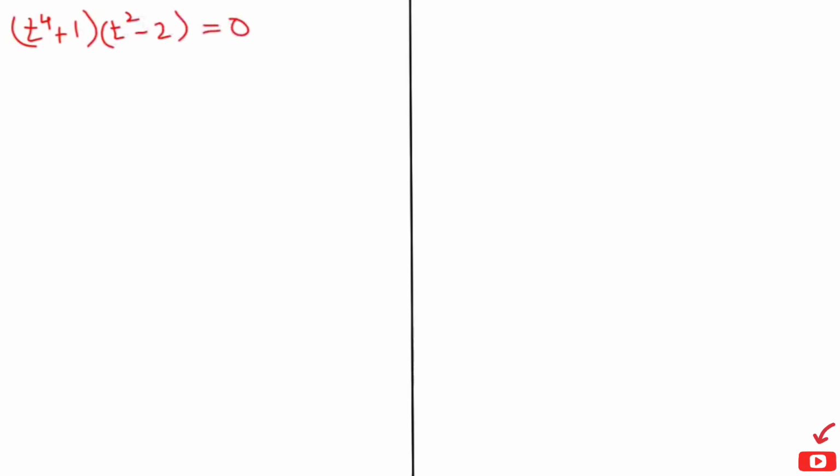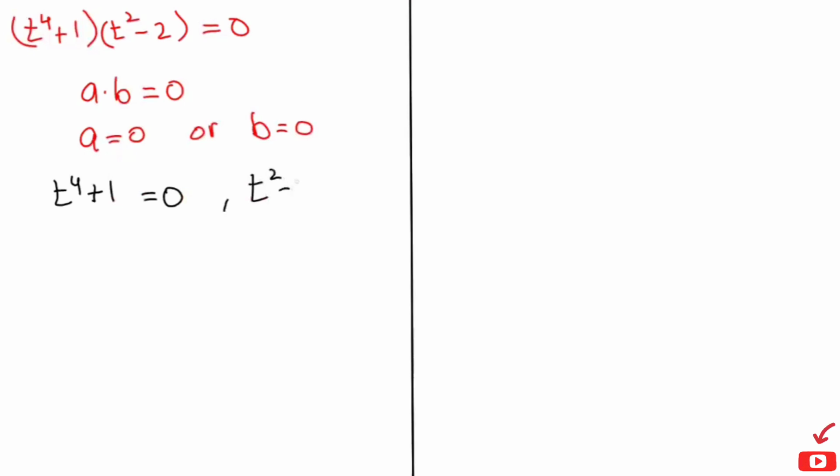We have the rule: a times b is equal to 0, so a is equal to 0 or b is equal to 0. According to this rule, I will get two cases. First, t to the power of 4 plus 1 is equal to 0. And the second case is t square minus 2 is equal to 0.